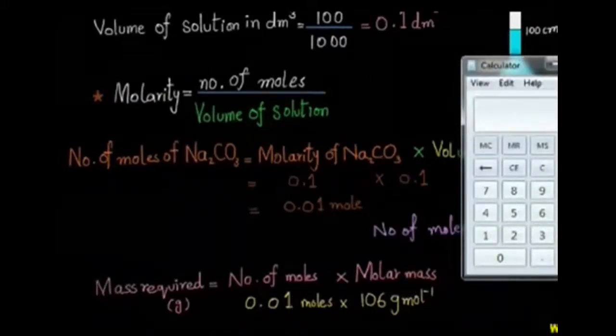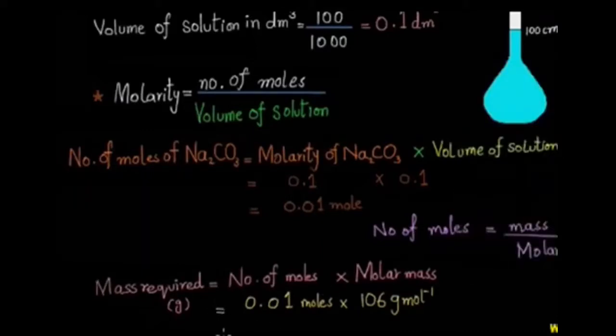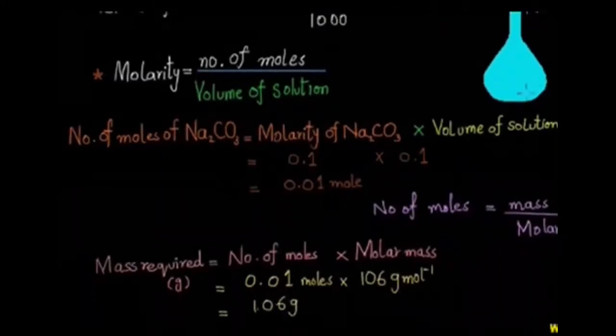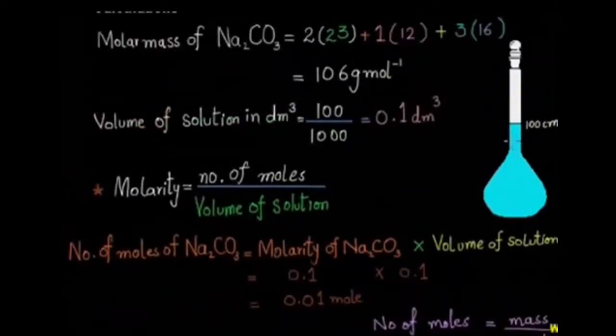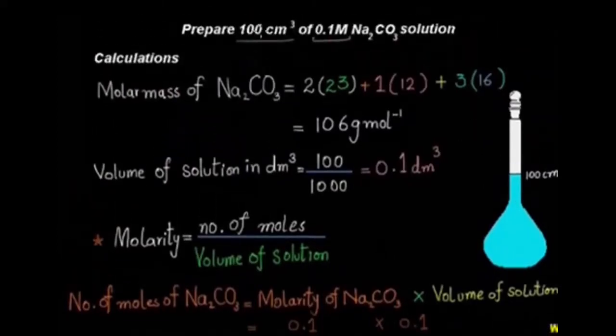Now multiplying these two values, 0.01 multiplied by 106, the answer I will get here is 1.06 grams. Now this 1.06 grams of sodium carbonate is required to add into this flask, and in this way we will prepare 100 centimeter cube of 0.1 molar sodium carbonate solution.